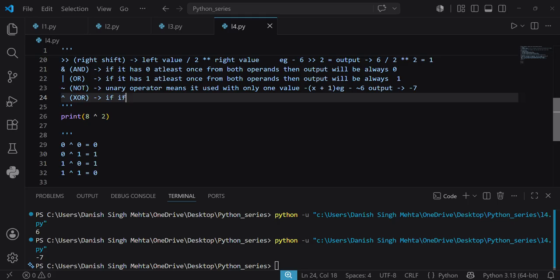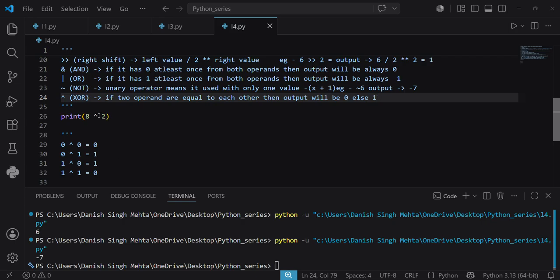If two operands are equal to each other, then the output will be 0, else it will be 1.